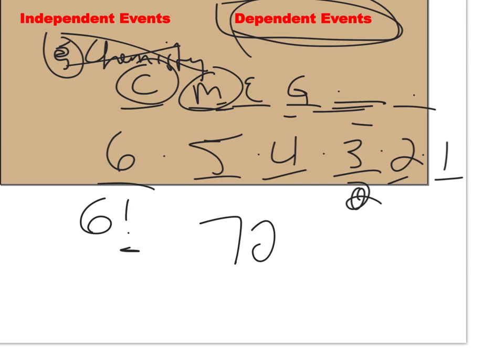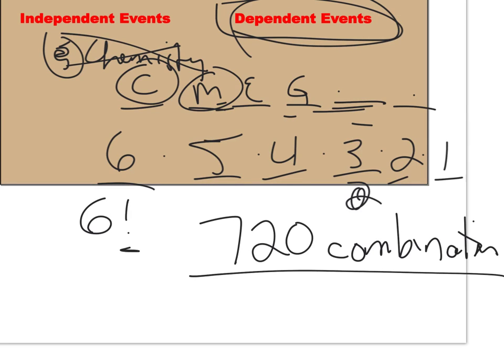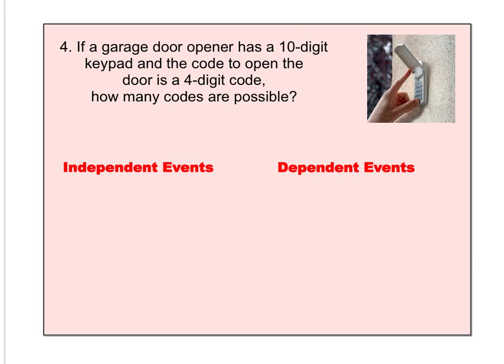So that means I got 720 different possible combinations for my classes here.